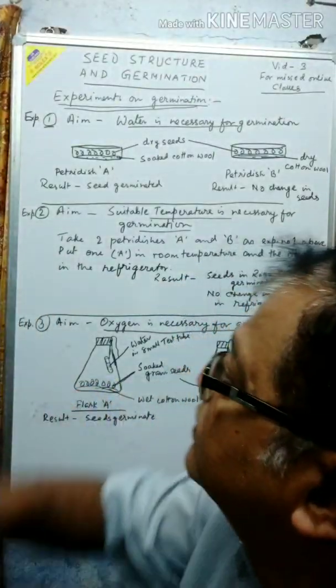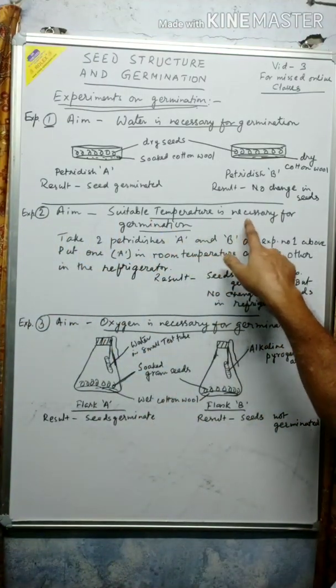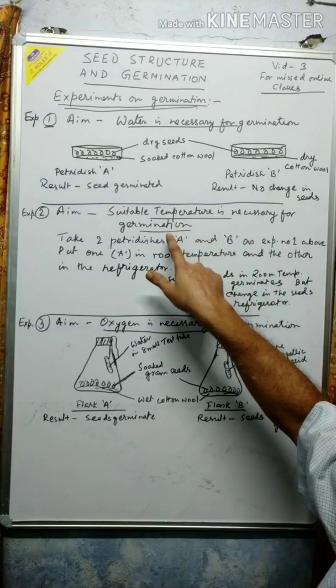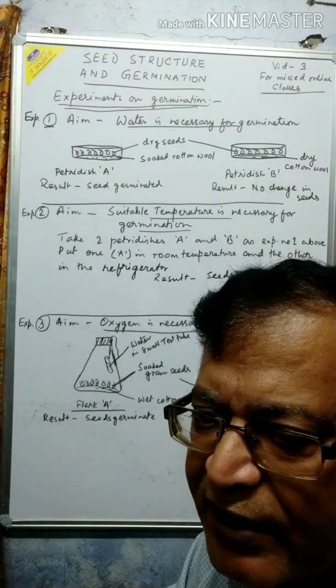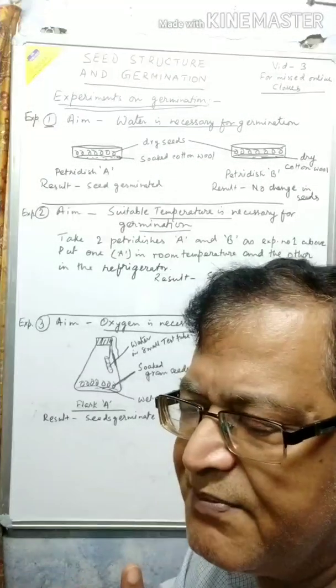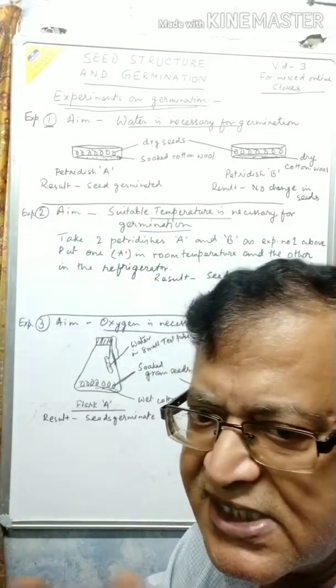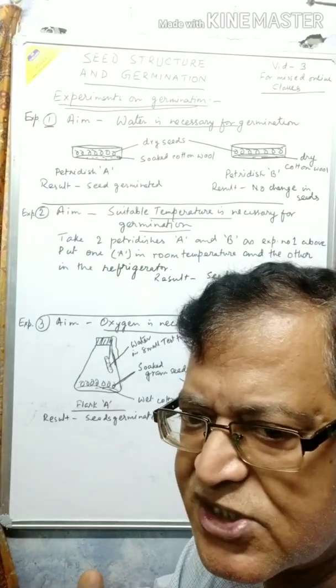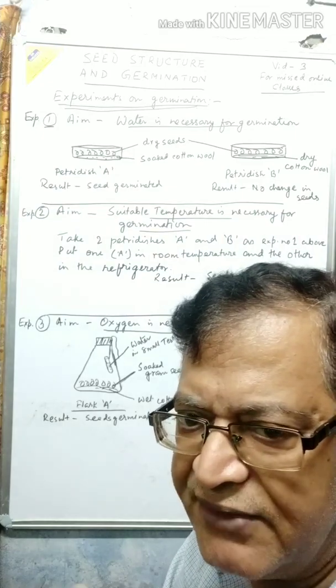Experiment number 2. Aim: suitable temperature is necessary for germination. Suitable temperature means room temperature actually. In our country it is 25 to 35 degrees Celsius. In that range, room temperature is comparatively comfortable for all of us, all living things.